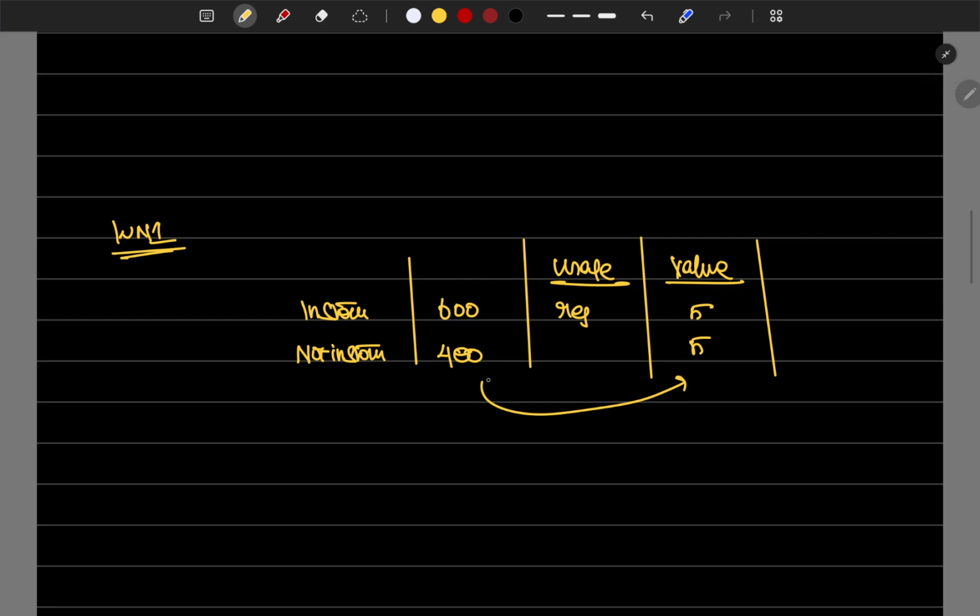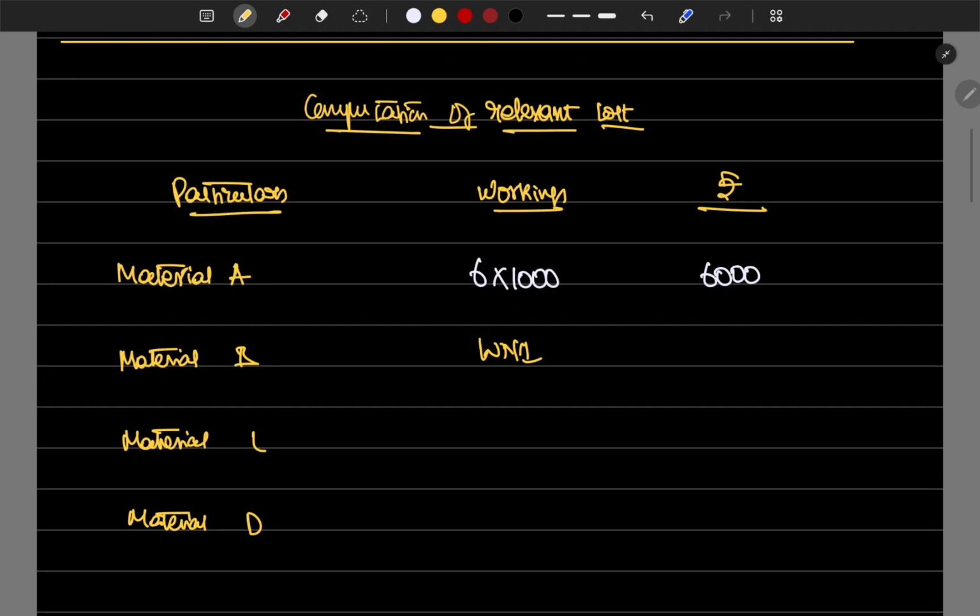So multiply both the things. Total relevant cost will be $600 into 5, 3000, 400 into 5, 2000, 5000 is the relevant cost. 5000.